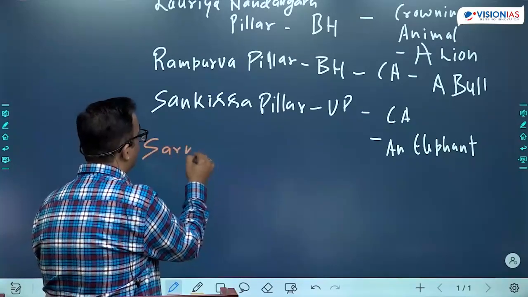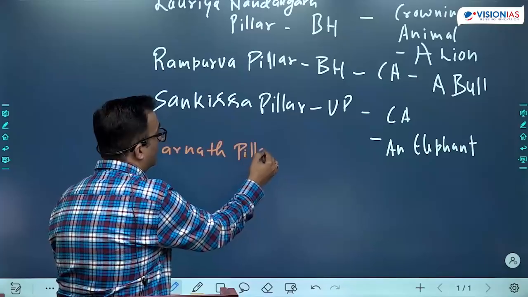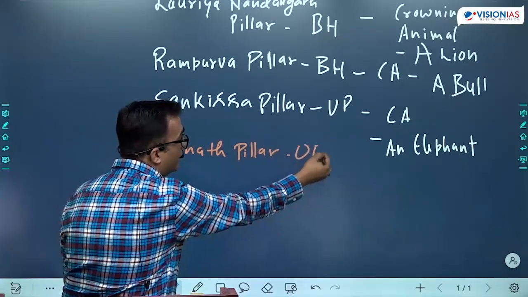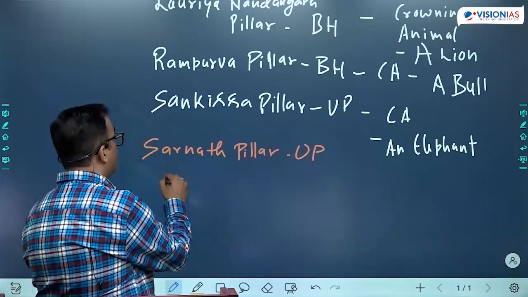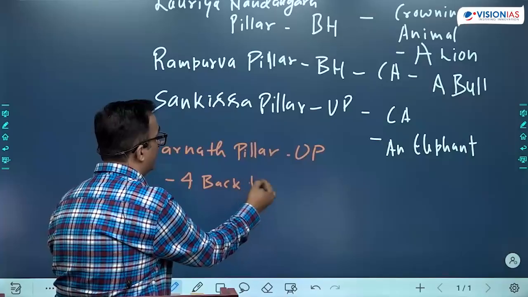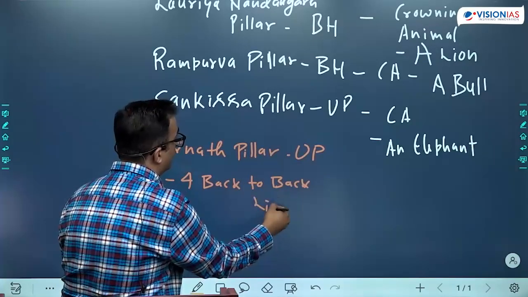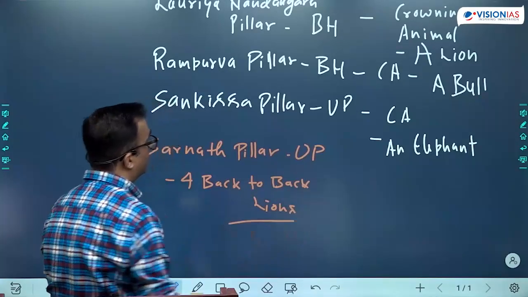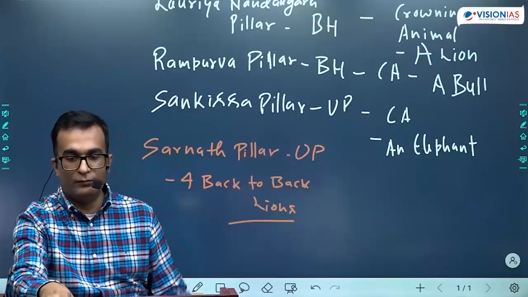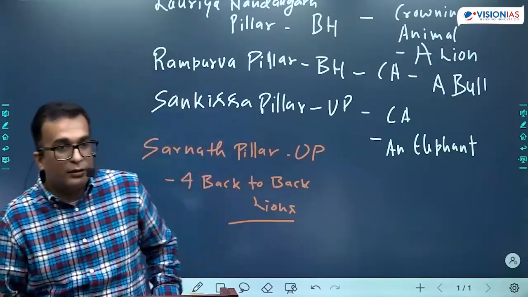Sarnath pillar, Varanasi, okay? And the crowning animal is four back-to-back lions, four back-to-back lions in the Sarnath.